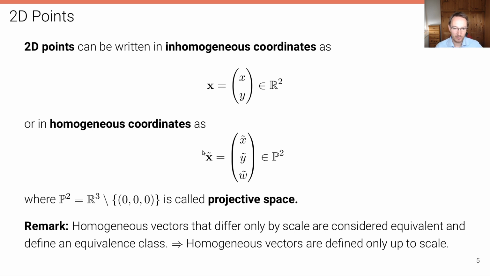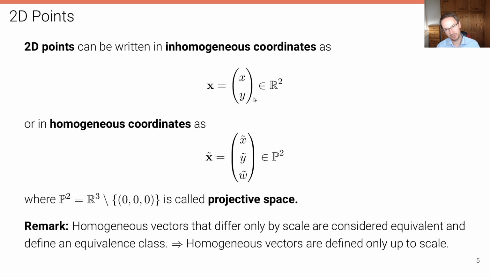As you can see, we have augmented this 2-dimensional vector with a 3rd coordinate that is called w. And we have also introduced the tilde above the symbol to explicitly denote that this particular coordinate is to be interpreted as a homogeneous coordinate and to distinguish this from a conventional inhomogeneous coordinate.